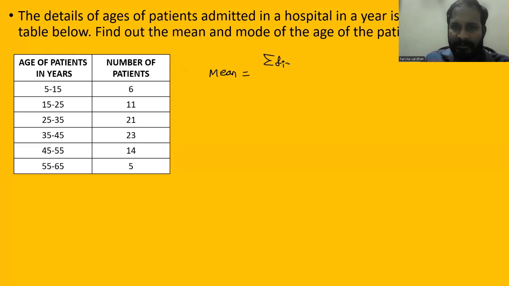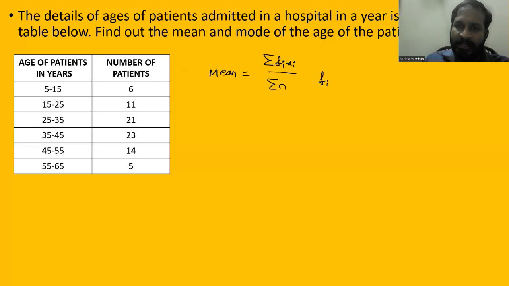Sum of xi fi by N. Here fi is the frequency, the number of patients, and xi is the mean of the class interval. Mean means nothing but the average.